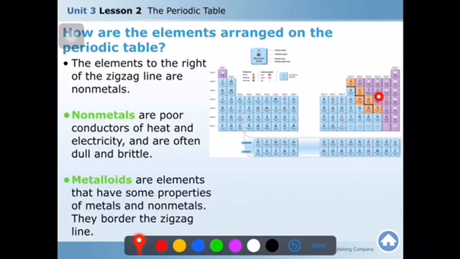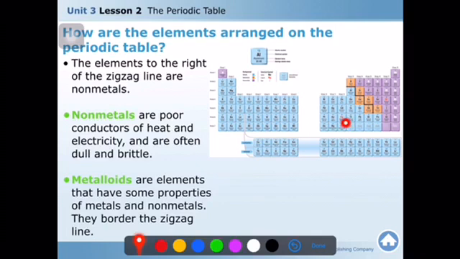You are able to see over here that nonmetals differ from the metals in their physical properties and also in their chemical properties. Metals mostly are shiny and hard, but for example mercury is not that hard.